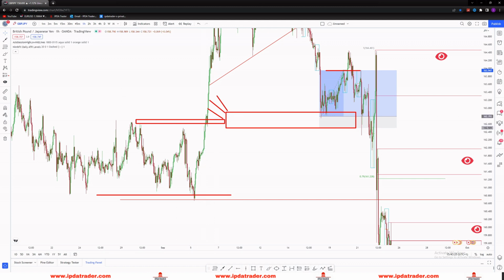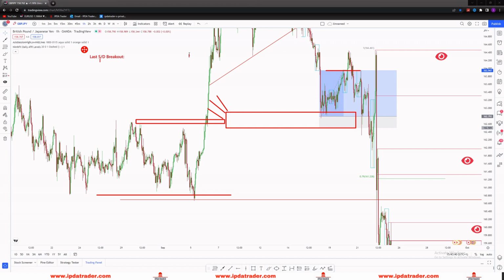So just to briefly summarize what we went through today, let's actually go ahead and do that rather quickly. So we have the concept of the last supply demand breakout. Needs consolidation, just very quickly. Last pause as we break or before the break, both things are valid.